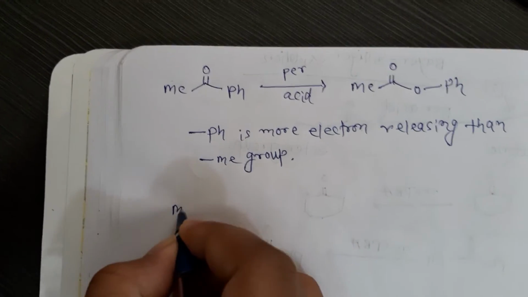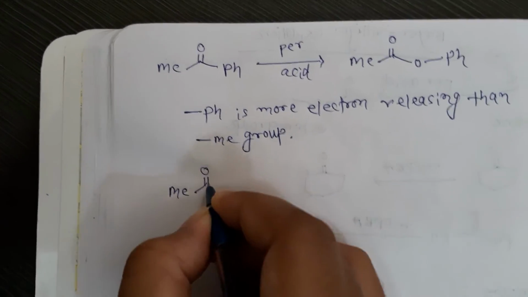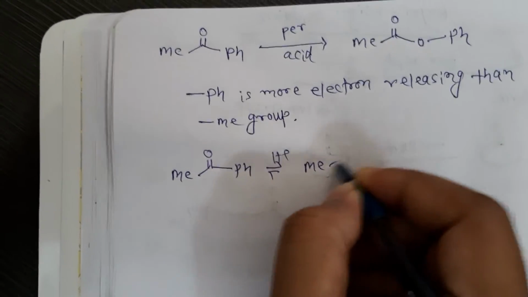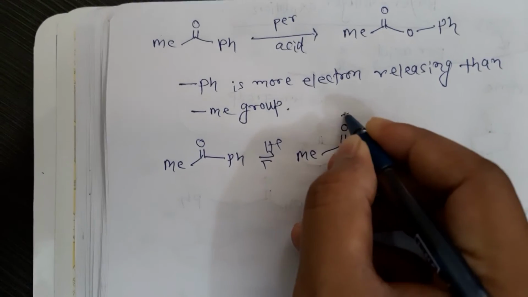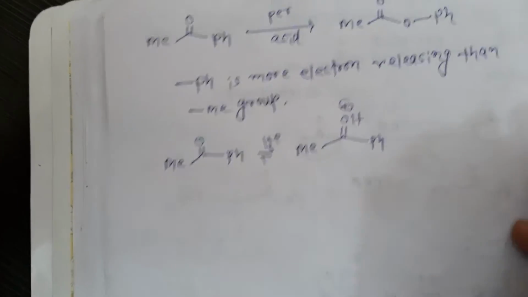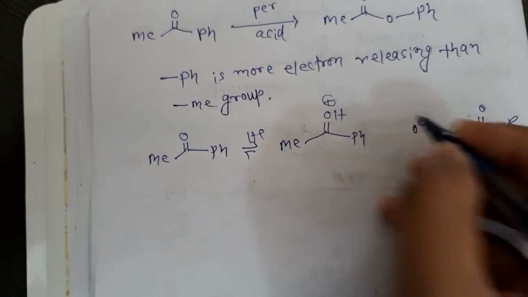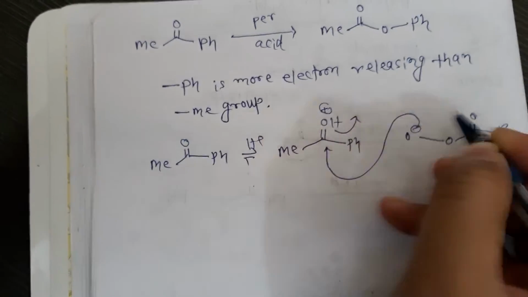So if we see the mechanism here, Ph, H plus comes, protonation occurs here. Then per acid, O minus, O-C(=O)-R comes here, and this goes there.